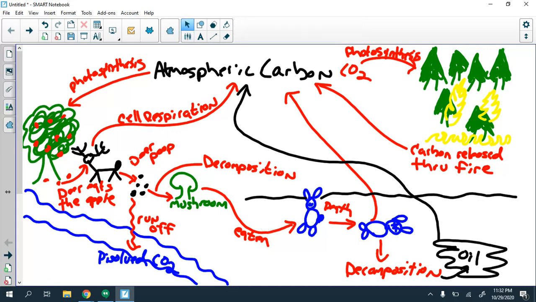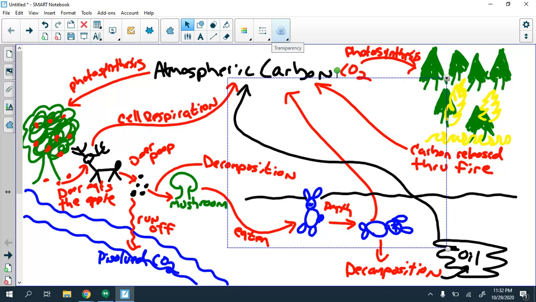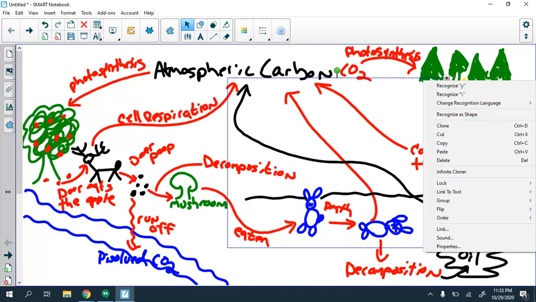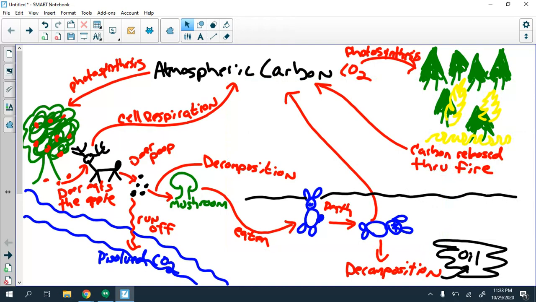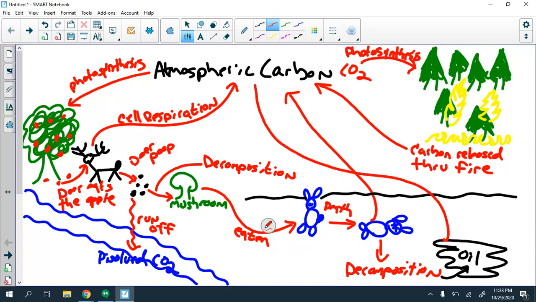That should be red. I just want to draw that again. I want all my transitions to be red. I'm just going to label that as, how does the oil get back into the air?